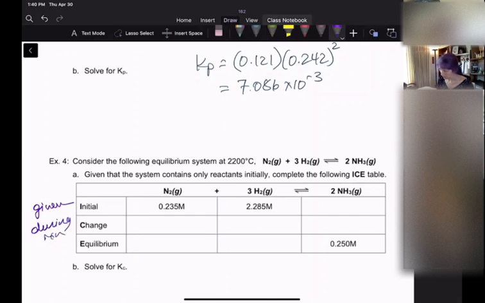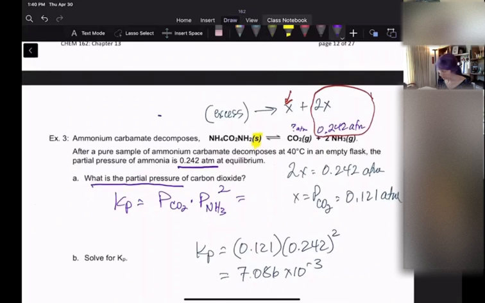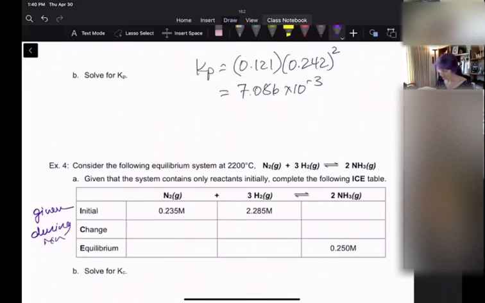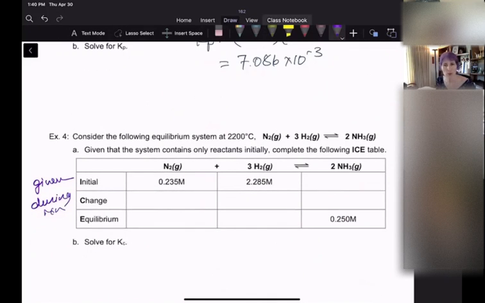And we use that right here, right? That's kind of what I was getting at with this equation, the x and the 2x. So this is going to lay everything out into columns, so you don't have to worry about the labels. And the change is going to represent what happens during the reaction, and the equilibrium is our final concentrations.